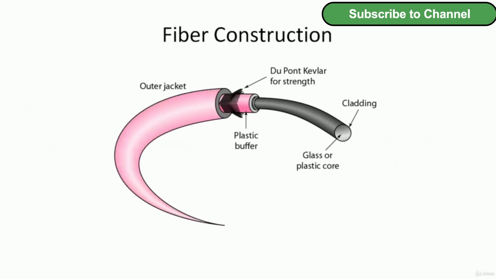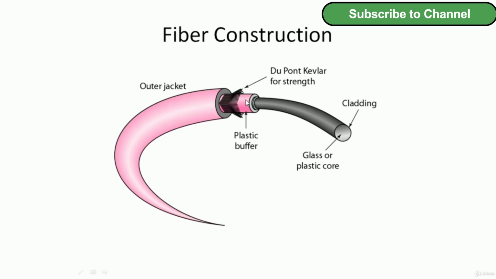Then you can see the fiber construction, how the fiber cable's construction is. This one is the glass or plastic core. Then this one is the cladding material, the cladding. Then you can see this is the plastic buffer.